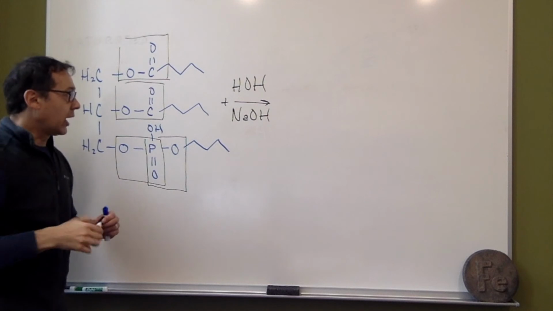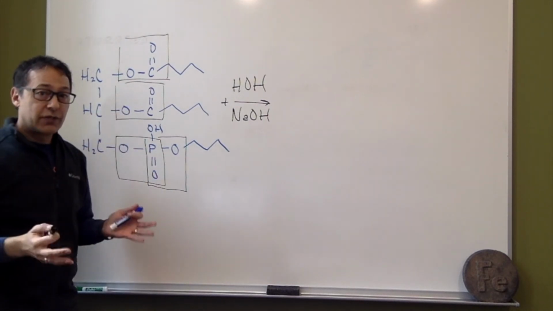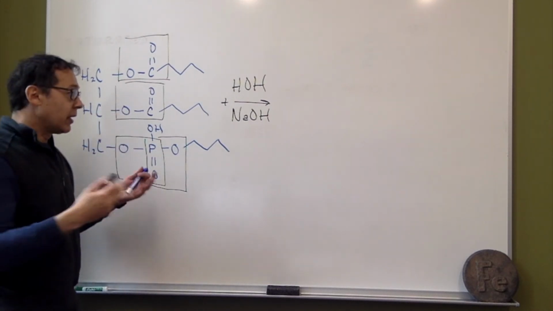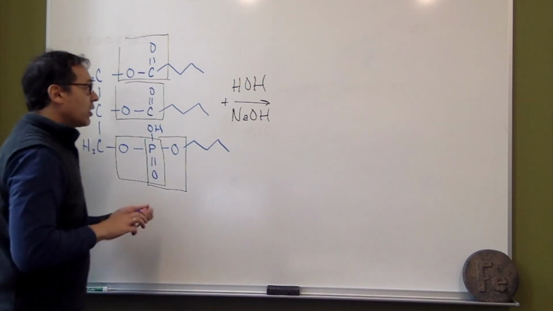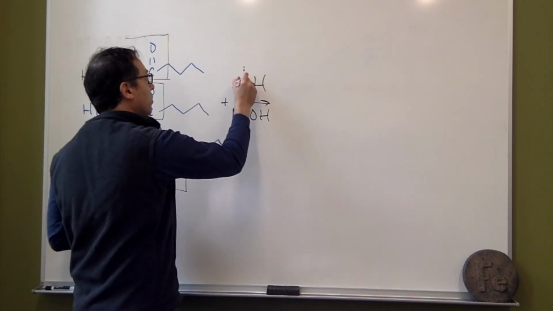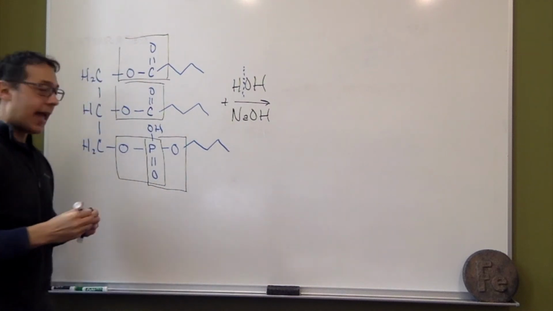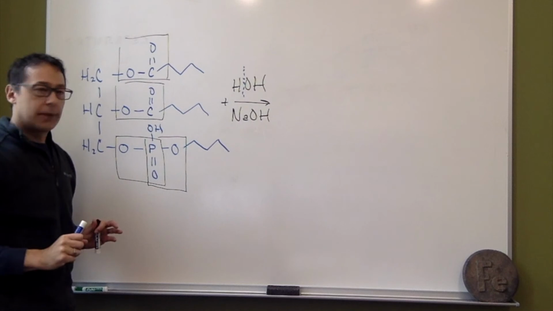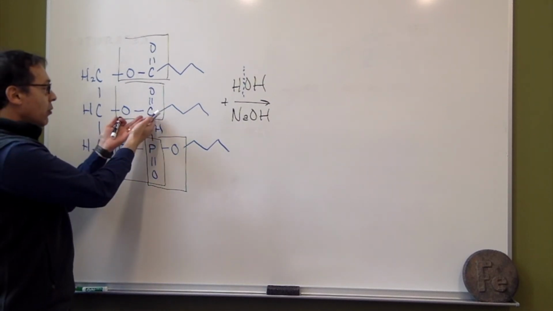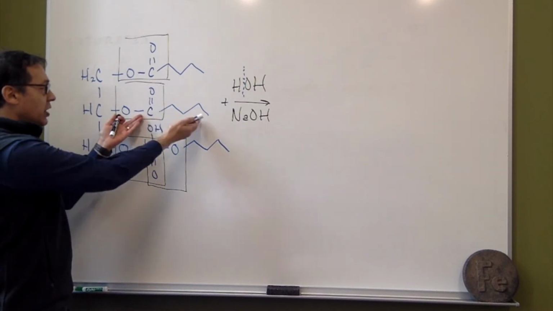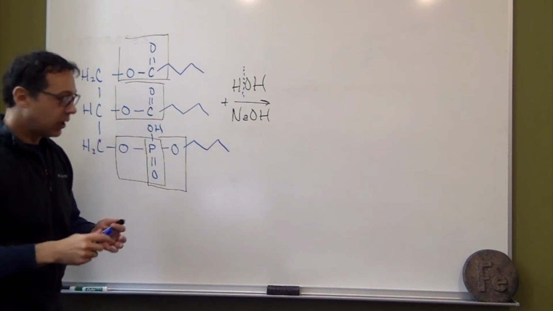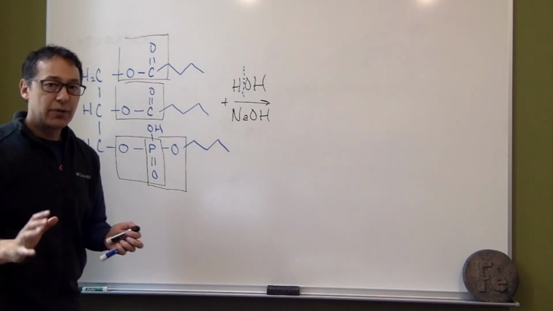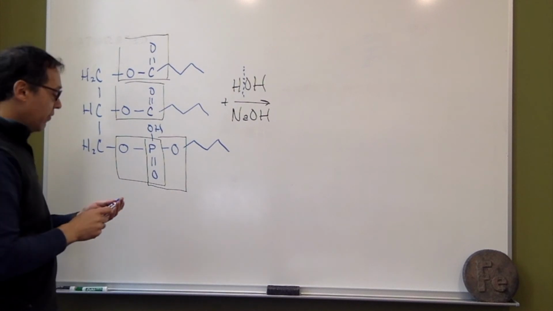Okay, so the reaction is very similar to what we did last time. We're going to take our water molecules, break them apart, and then add them to our ester linkages and pull them apart. I'm going to start out with our ester linkages here that would form fatty acids. So that looks very similar to what we did before.